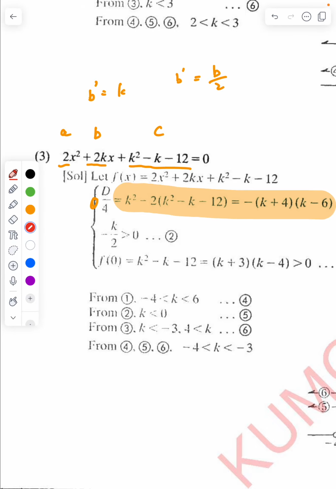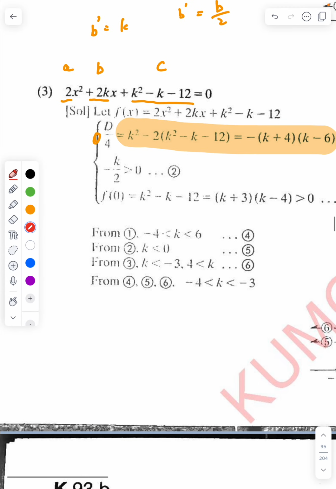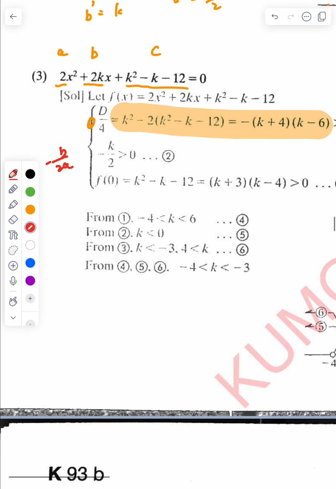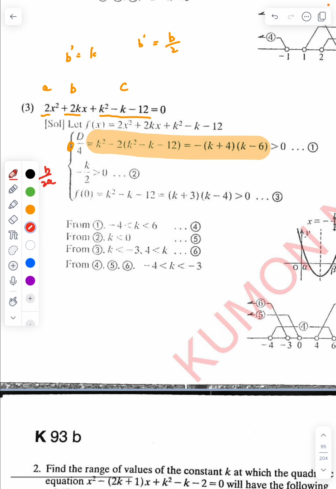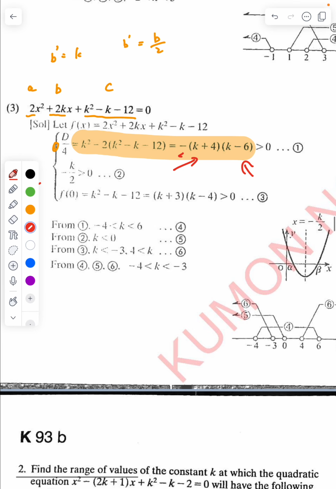Next, you already know the axis of symmetry, negative K over 2. I'm not going to do the calculation over here. Based on the knowledge before, negative B over 2A, substitute numbers in, you would get negative K over 2 in this case. We also want it to be greater than 0 as well. A little trick over here is that you have a negative, right?